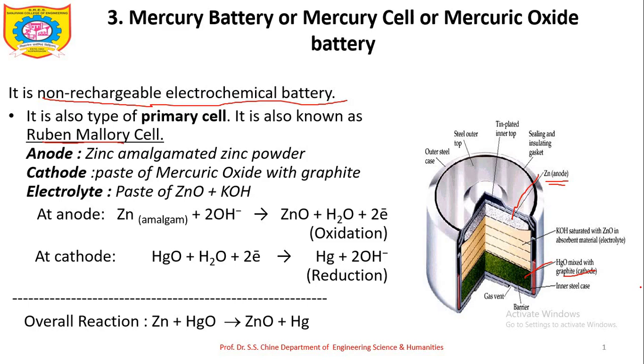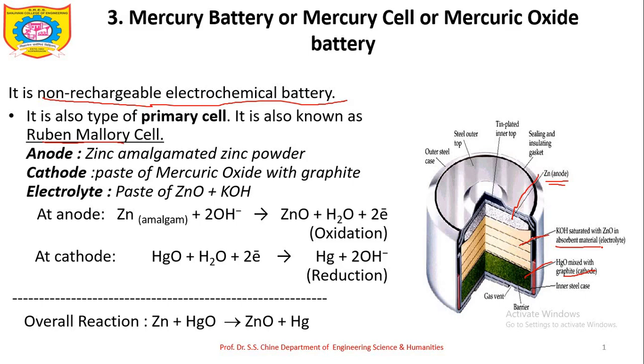Now what is used as an electrolyte? In between these two electrodes, at the center, is the electrolyte, that is KOH saturated with zinc oxide. So a paste of zinc oxide along with the KOH is acting as an electrolyte.